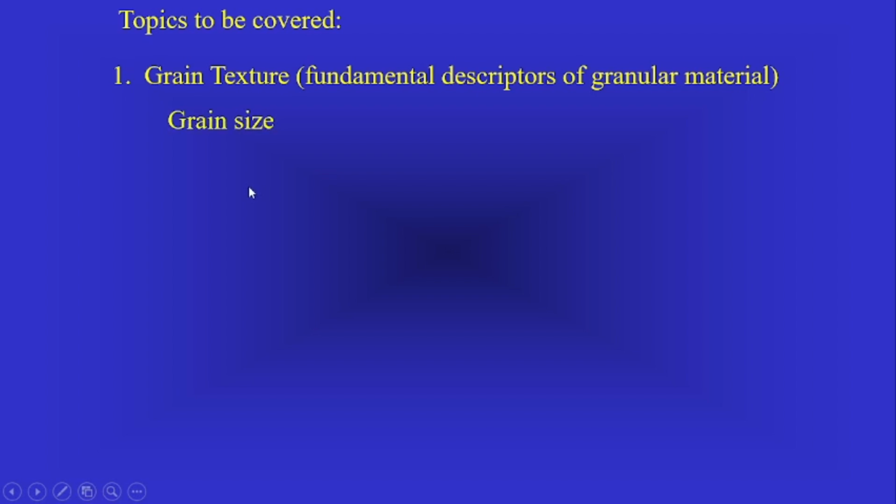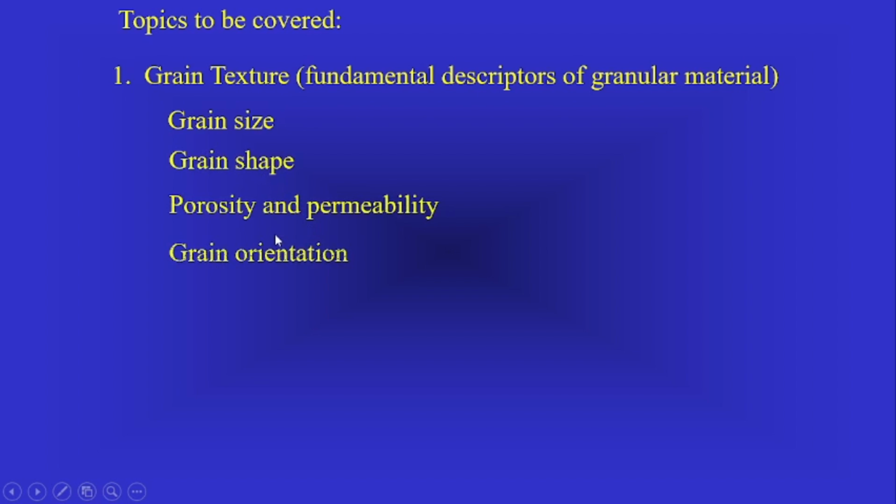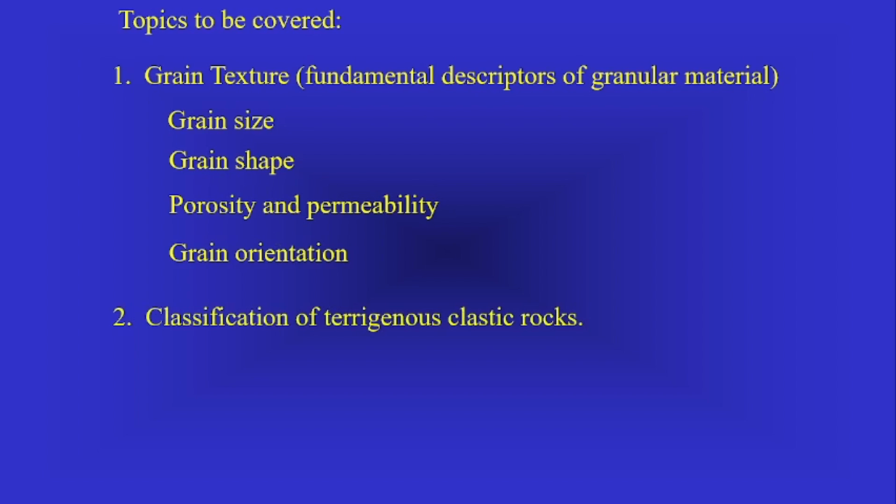The grain textures include grain size, grain shape, porosity and permeability, which is very important, and then grain orientation. The second topic is classification of heterogeneous clastic rocks, for example arenite, rudite, and lutite.